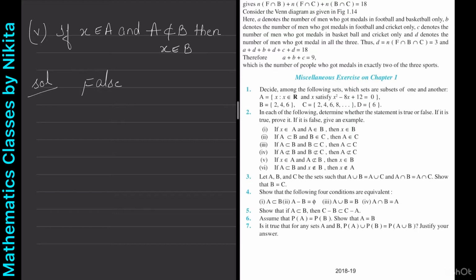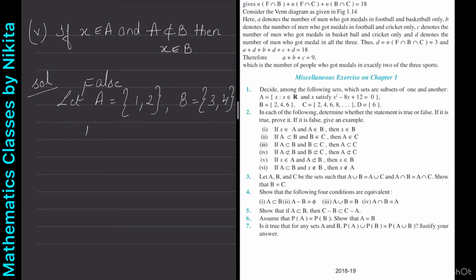Basically you have to construct A and B in such a way that A is not a subset of B, and if you take any element X in A, then X does not belong to B. So let A be equal to, say, {1, 2}, and let B be equal to, say, {3, 4}.